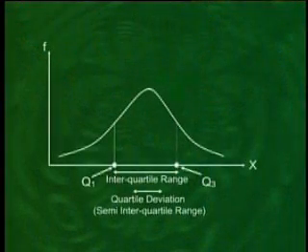So, as you now see on the screen, the quartile deviation, or in other words, the semi-interquartile range, is the horizontal distance which is exactly half of the distance between the first quartile and the third quartile. तो आपने देखा कि क्वार्टाइल डिविएशन भी एक हॉरिजॉन्टल लेंथ ही के जरिए एक्सप्रेस होती है.